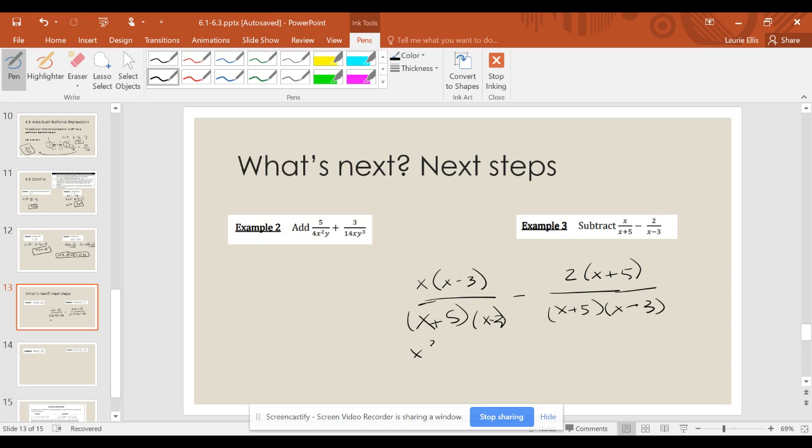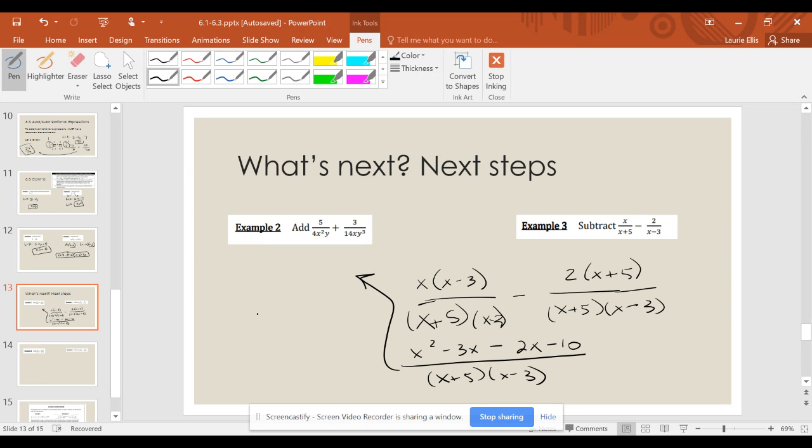And now I come to simplify. So x squared minus 3x, okay, minus 2x minus 10. Watch your sign here because it's a negative 2 times the 5, which is negative 10, over x plus 5, x minus 3. Okay, I'm going to go over here, running out of room.